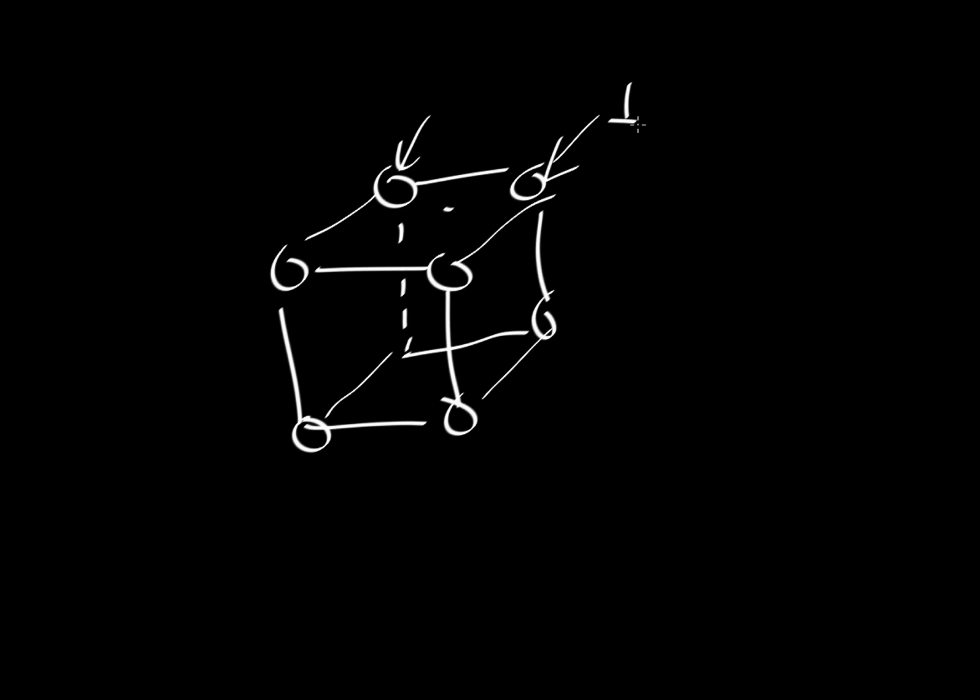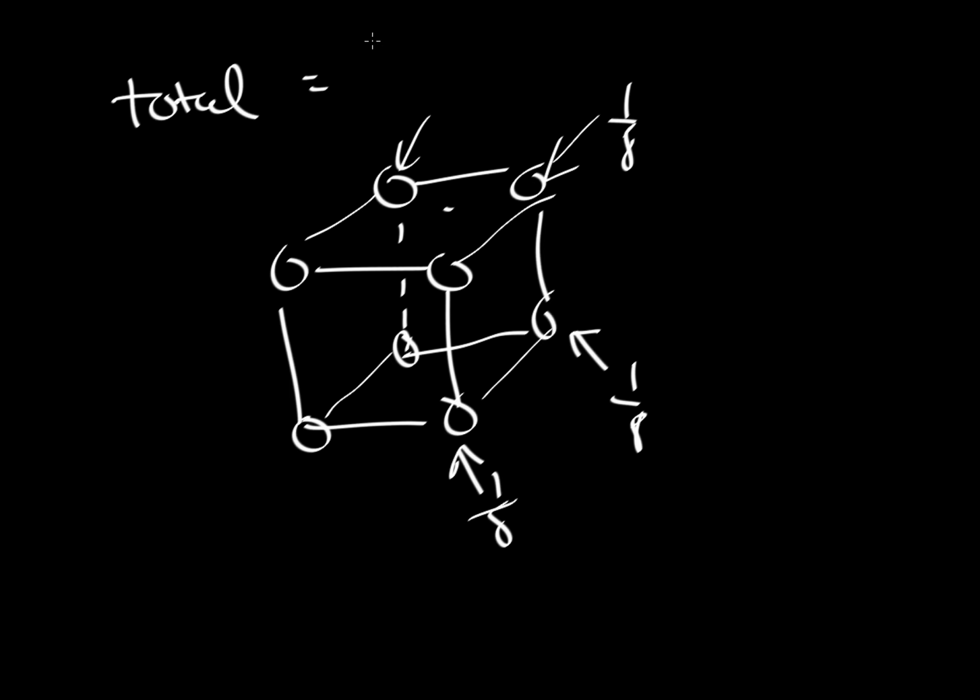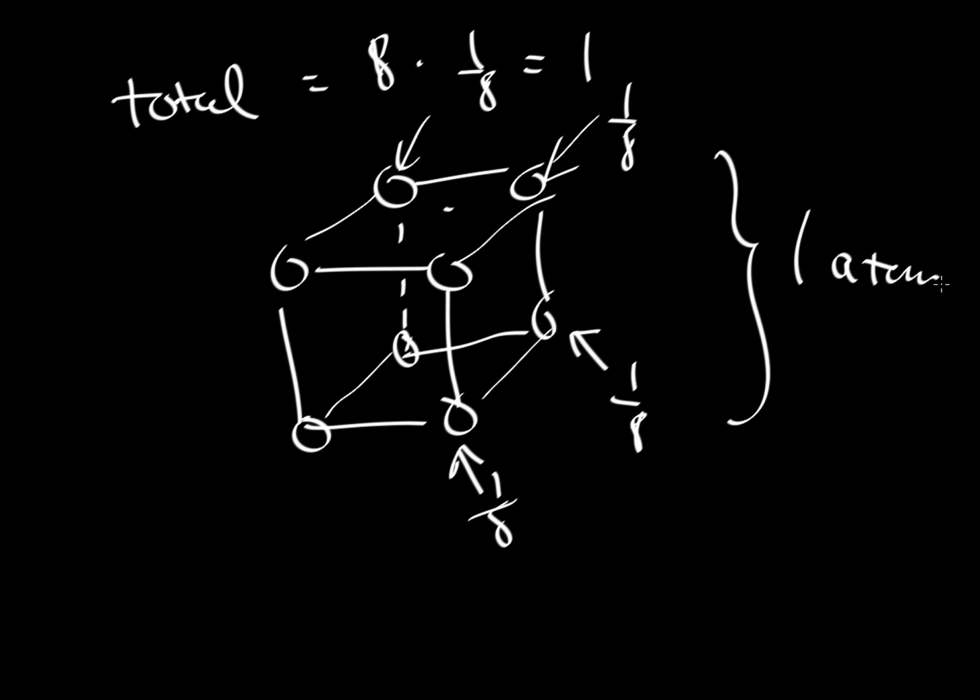So this counts as just 1/8 of an atom. And now you can see that if we have 8 atoms all together here, right, 4 on top, 4 on the bottom, then the total number of atoms is equal to 8 times 1/8 equals 1. So this entire unit cell just counts as 1 atom.